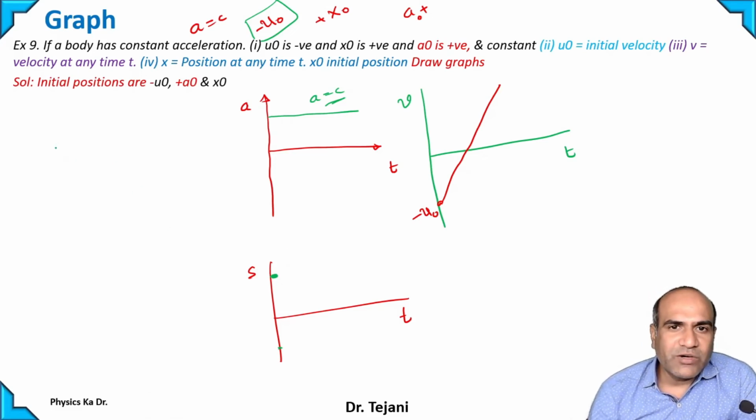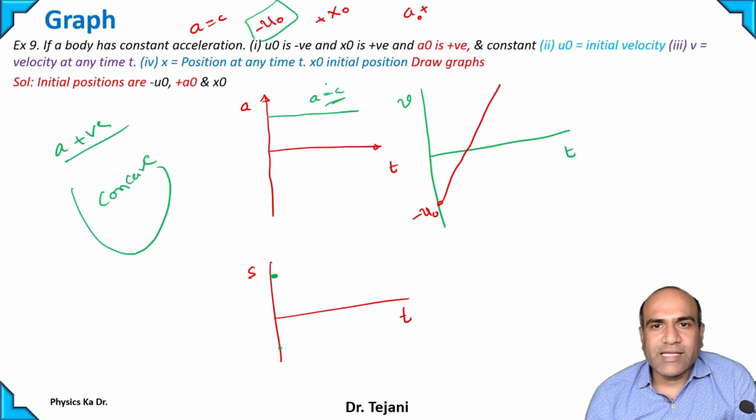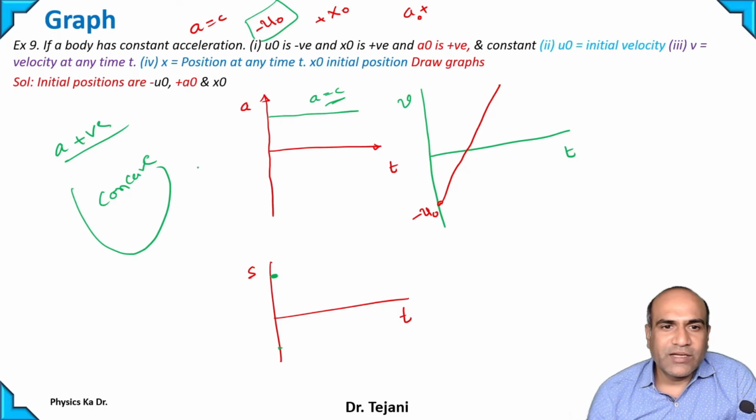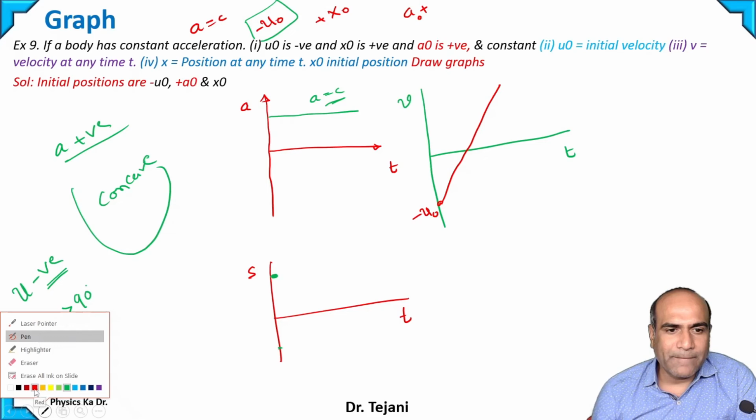Now what we need to check? First, acceleration is positive, so the shape is concave. And second, u is negative, so the slope should be negative, theta should be greater than 90. Let's check theta.